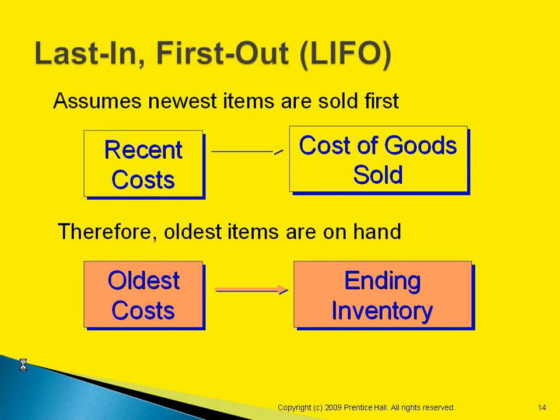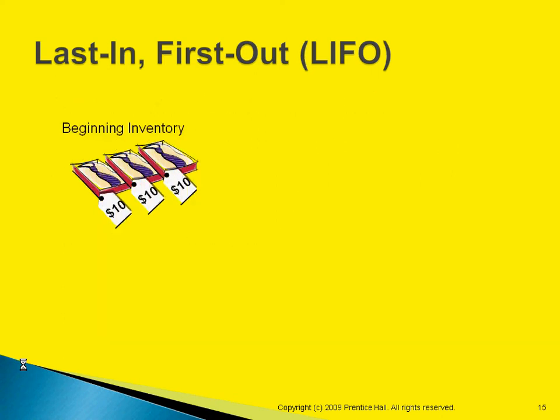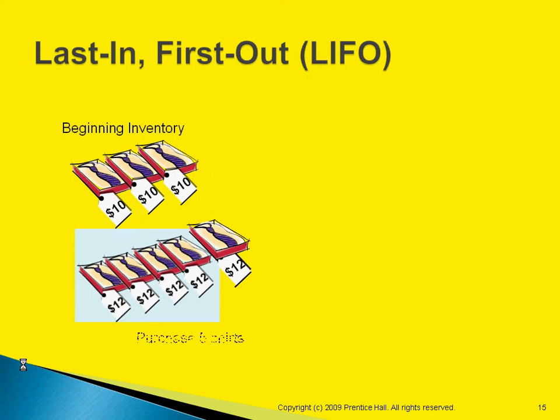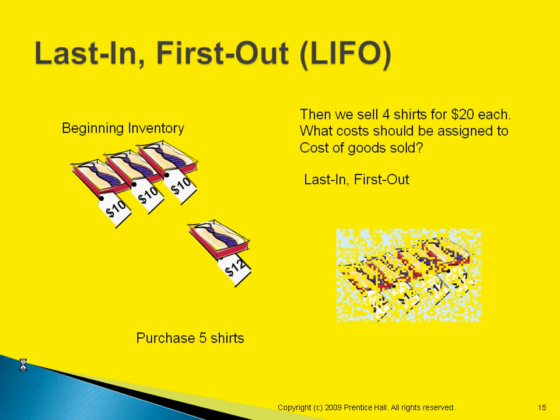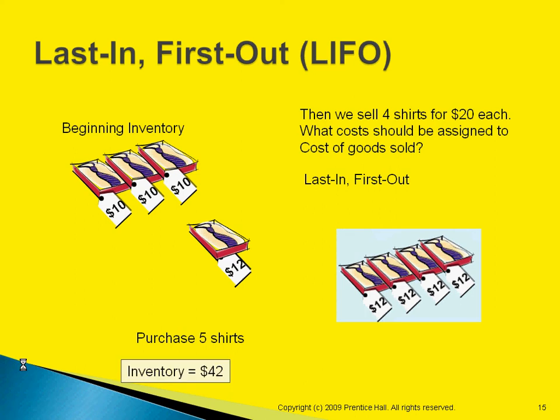Same basic illustration, but this time we're using last in, first out on slide 10. Same 3 shirts at $10 each. We buy 5 at $12. We sell 4 at $20. The question is, what cost should we assign to cost of goods sold? That would be 4 shirts at $12 each. So last in, first out, we go to the most recent layer.